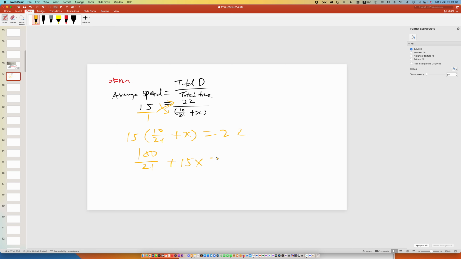Just use the calculator. Then 22 minus 150/21, get this out first, then divide by the 15. That's the x, the time in hours for the second part.